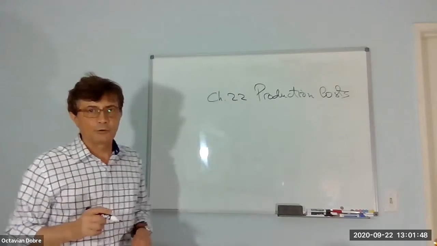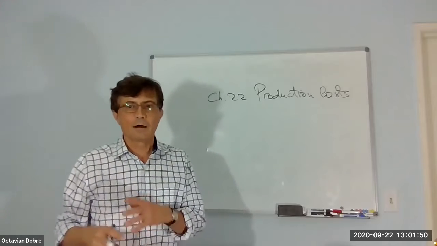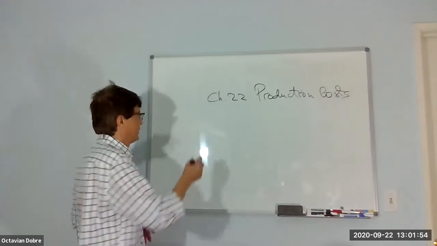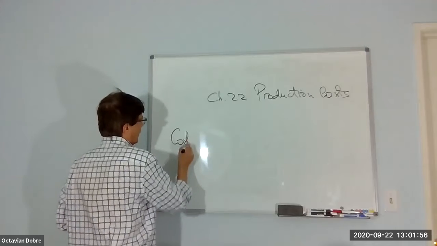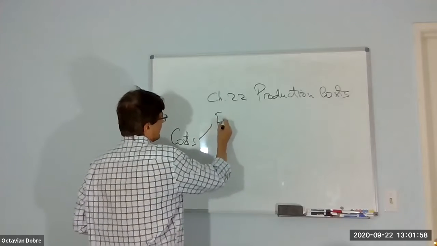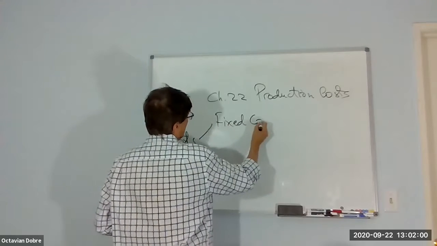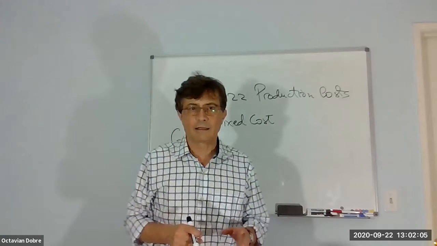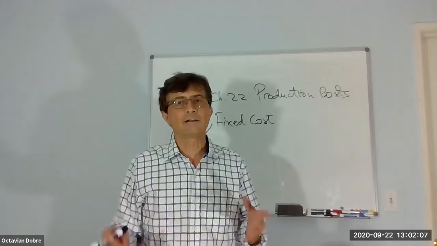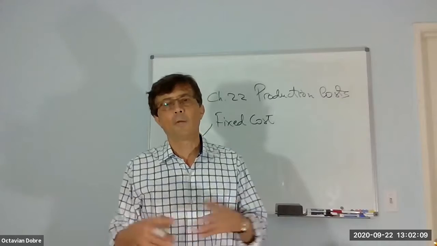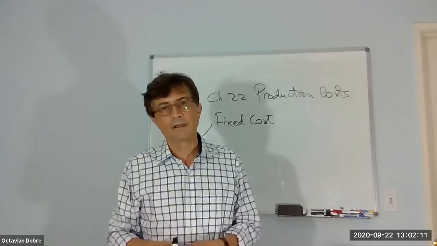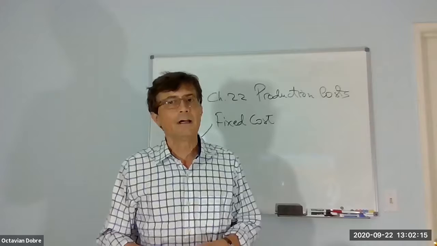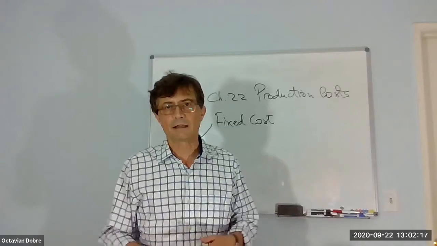There are two types of basic costs. One is the fixed cost. Fixed cost means that it stays the same. It doesn't change no matter what the output is. So whether the output is 0 or 1 or 100 or 1,000, this cost stays the same.